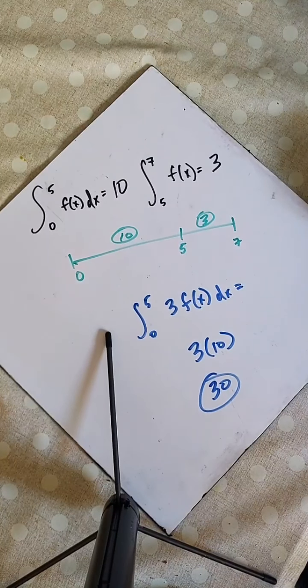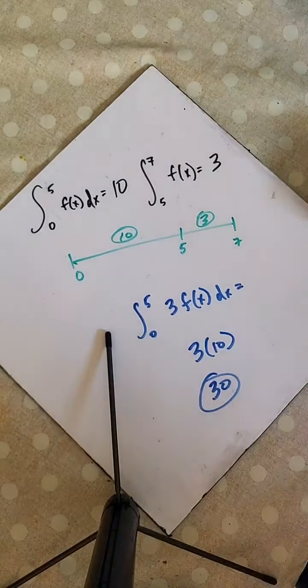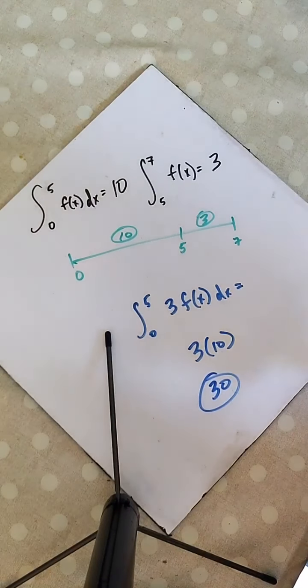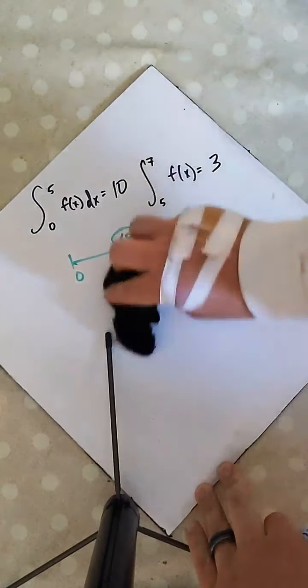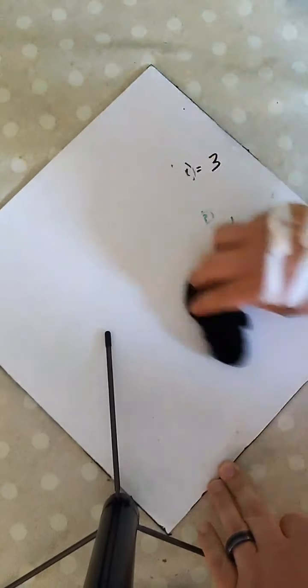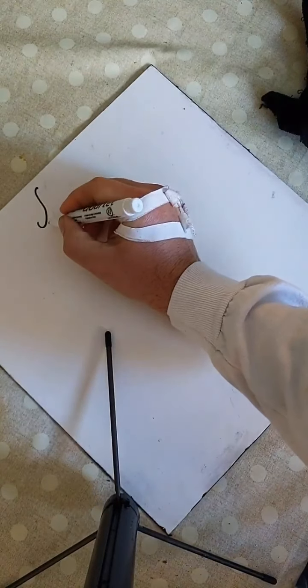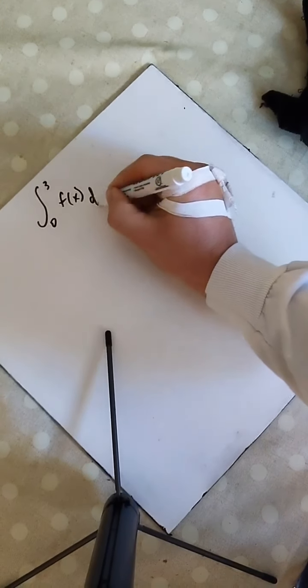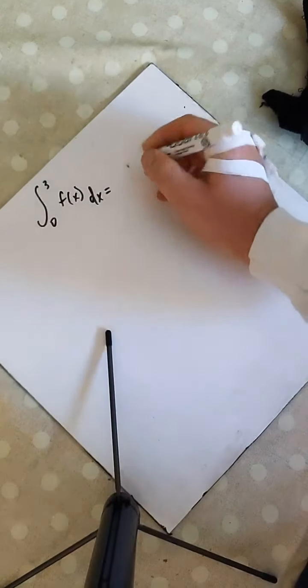All right, we'll do another example problem and go through this. Very similar problem, but we have a slightly different scenario going on. We have the integral from 0 to 3 of a function is equal to 4.